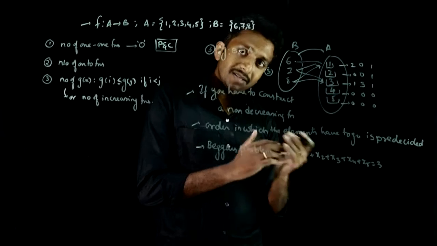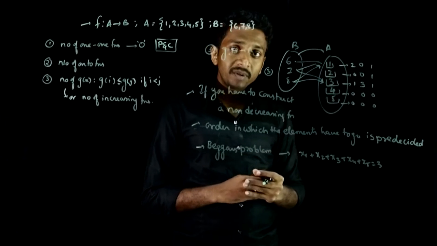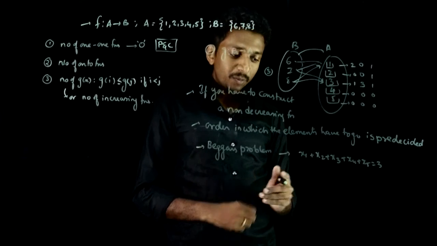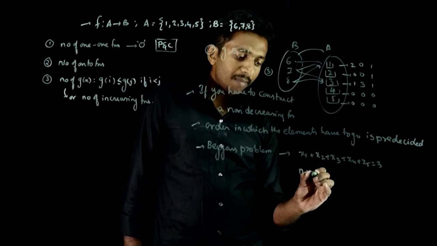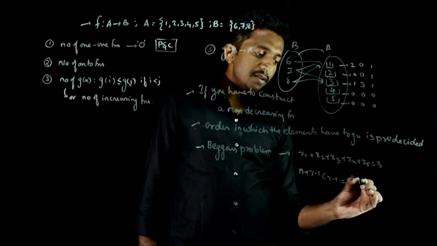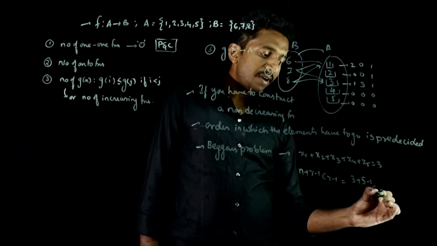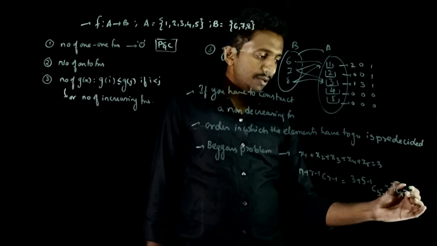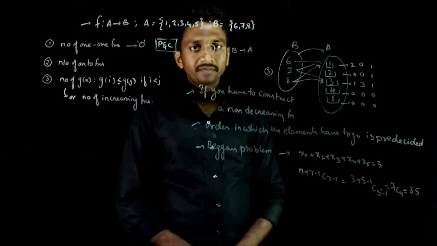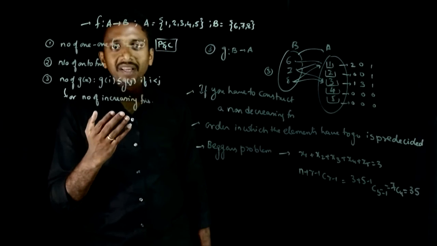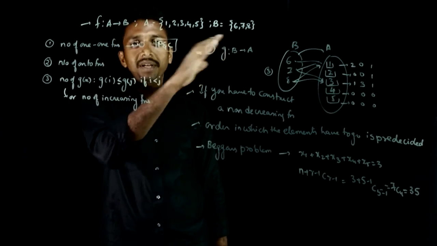So इस इक्वेशन का number of non-negative integral solutions फॉर्मूला आपको पता है, n plus r minus 1 C r minus 1 that is equal to 3 plus 5 minus 1 C 5 minus 1, that is 7C4 that is equal to 35. So 35 is the number of increasing functions that can be constructed from B to A.